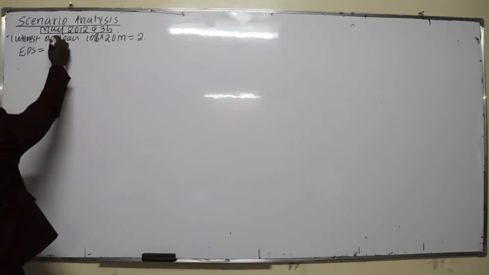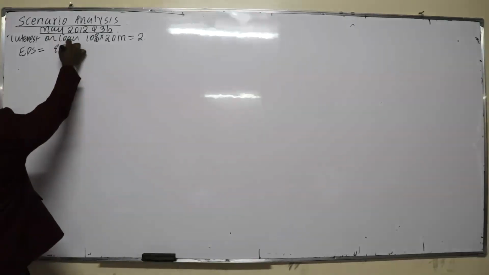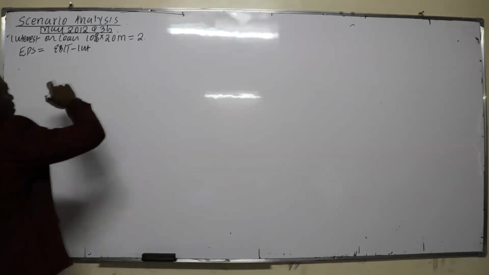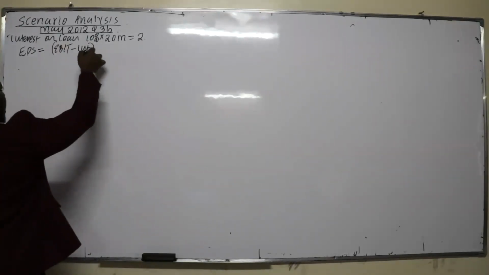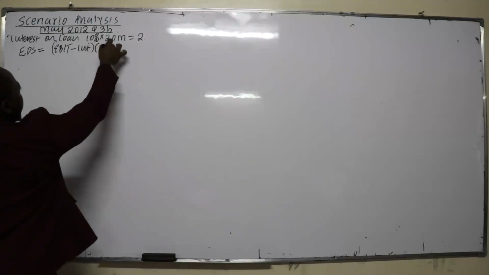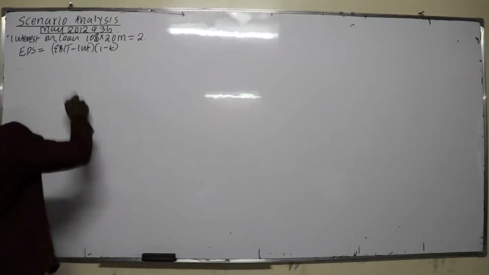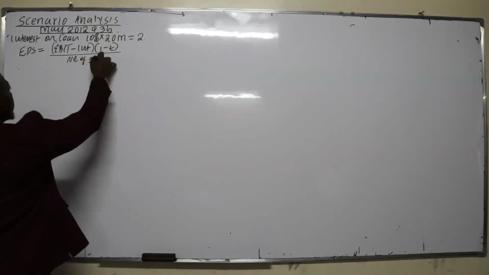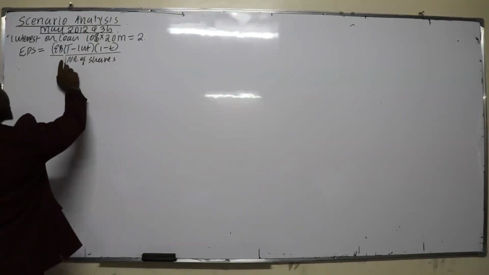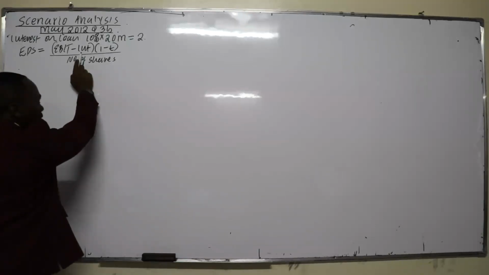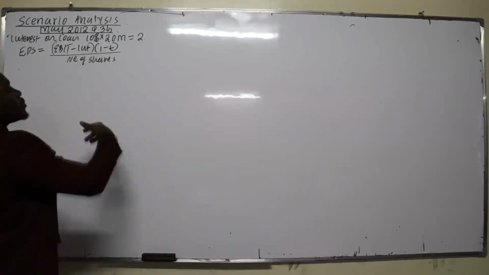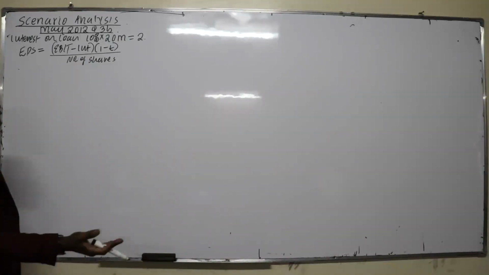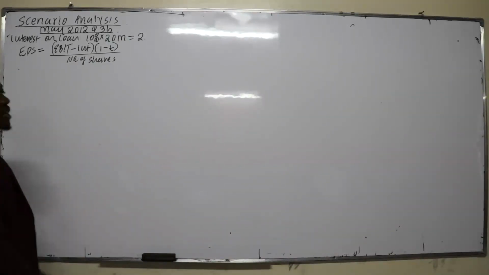So you take earnings before interest and tax, pay the interest to get the profit before tax, then tax at 30% to get the profit after tax, which is the total earnings. Then you divide by the number of shares to get the earnings per share.